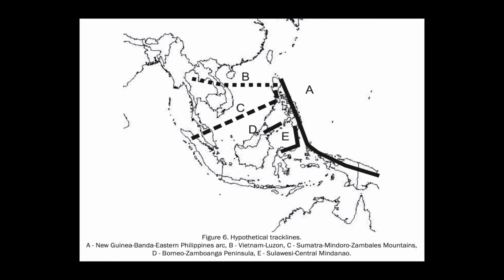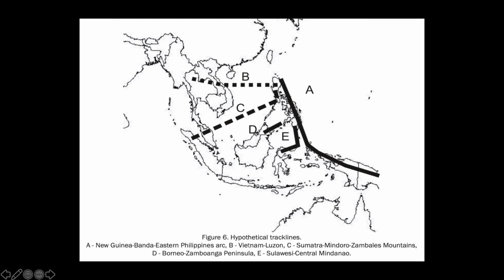As you can see here, this is in the reading, there are different hypothetical track lines. So we have a strong track line from, let's say A, from New Guinea, from Papua New Guinea to Mindanao to Philippines.